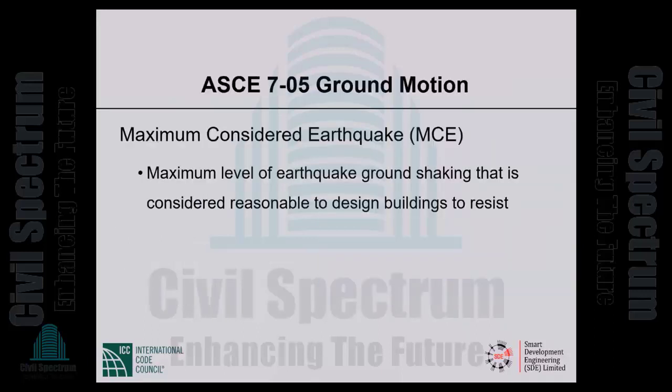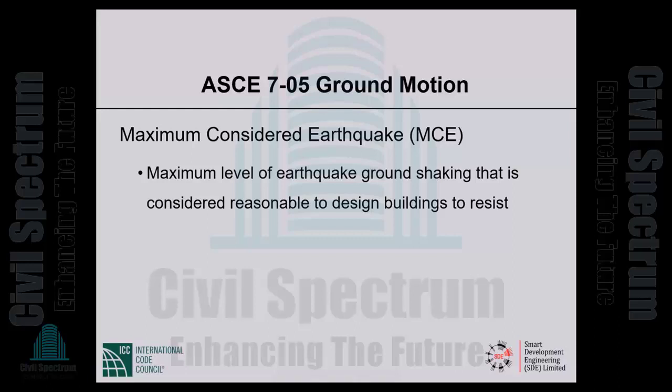The maximum considered earthquake, which I haven't defined yet, has this definition in the source document called the NEHRP provisions: maximum level of earthquake ground shaking that is considered reasonable to design buildings to resist. Having called it a definition, this is really not a definition because of the word reasonable.